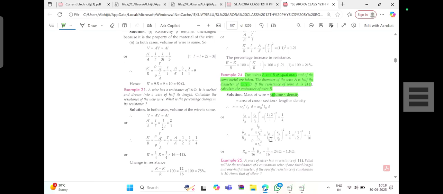So LB by LA into RA by RB square, where LB by LA is clearly 1 by 4, and RA by RB clearly is half, square. So RB by RA is equal to 1 by 16, that means RB is equal to 1 by 16 of RA. RA is given here as 24 ohm, so 1 by 16 into 24 ohm is 1.5 ohm. This is the calculated resistance of wire B.